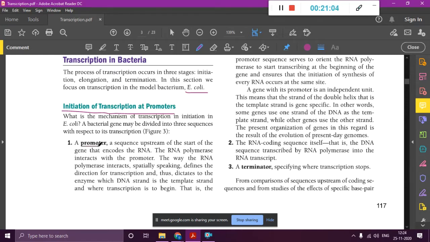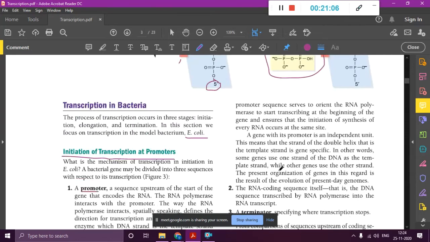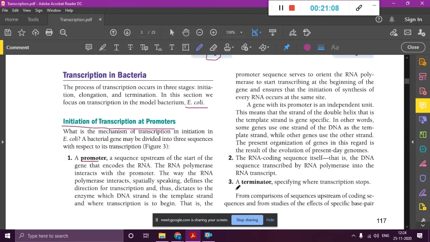You have a promoter sequence, and you have a terminator sequence, and in between you will have the coding region. Now we are talking about the DNA only. Now the RNA has not come. We are talking about the region on the DNA which is going to be transcribed.